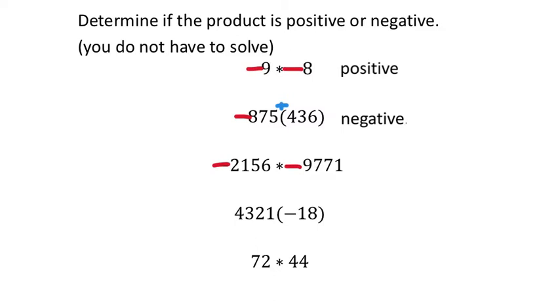Two negatives make the answer a positive, at least when we're multiplying. So that answer is a positive. And then this next one, we've got a positive 4,321 and a negative 18. They are opposite signs, which means this answer would be a negative.